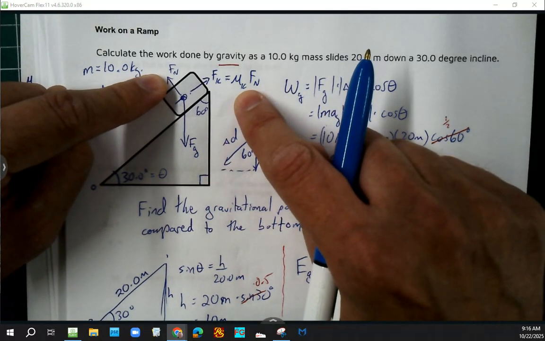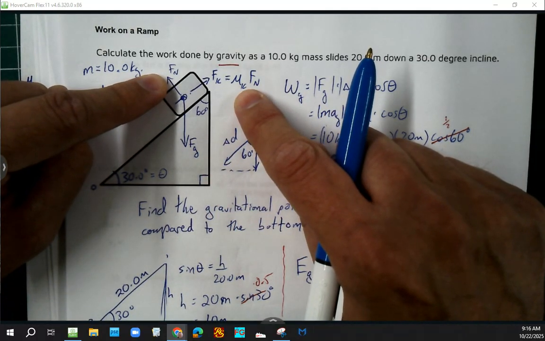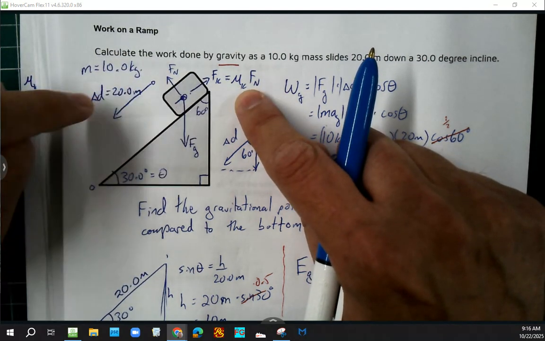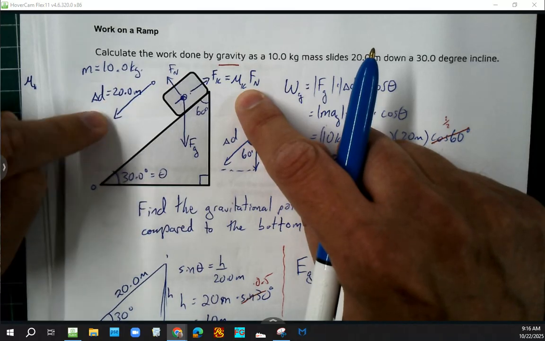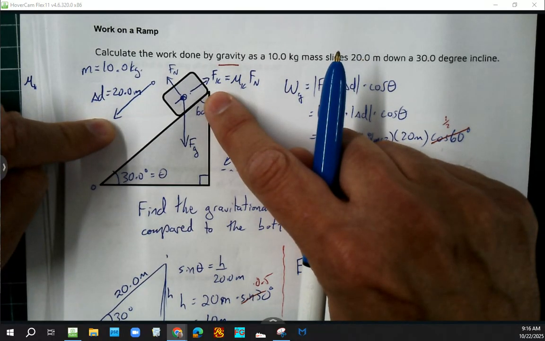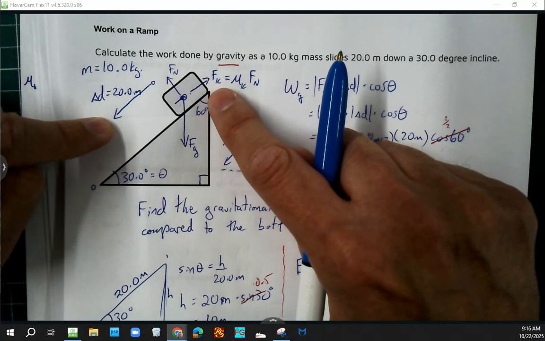Given a coefficient of kinetic friction, figure out how much friction this object is experiencing as it slides 20 meters. Are that 20 meters and that friction at 60 degrees relative to each other? No. What angle are the friction and displacement relative to each other? 180, right? That's the whole thought process you'd want to think through.